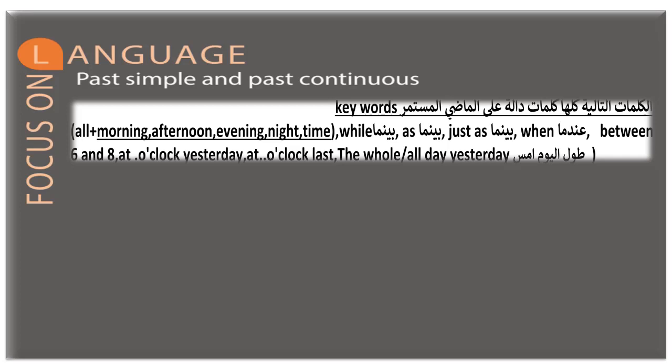While بينما, as بينما, just as بينما, when عندما, between ما بين 6 and 8 مثلا, at clock yesterday, أو at كذا o'clock last, مثلا last week, last month, last Sunday. The whole أو all day yesterday, طوال اليوم بالأمس.